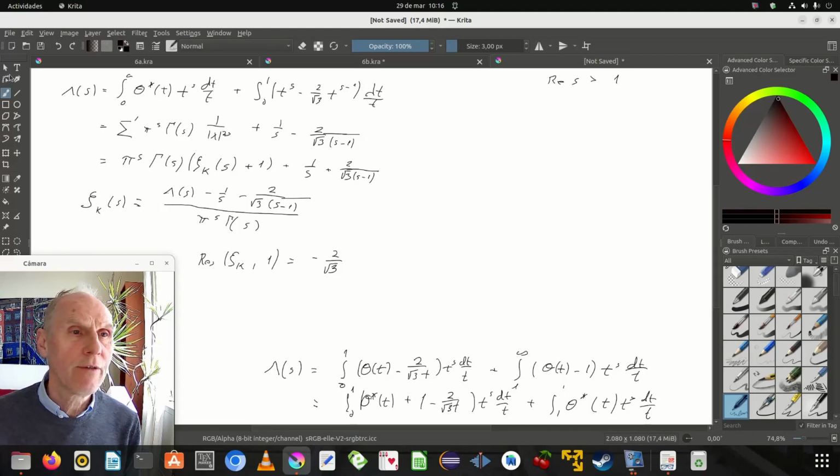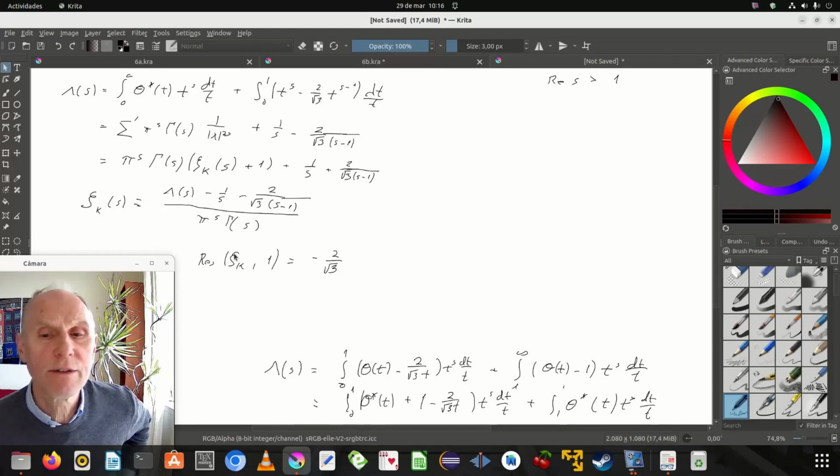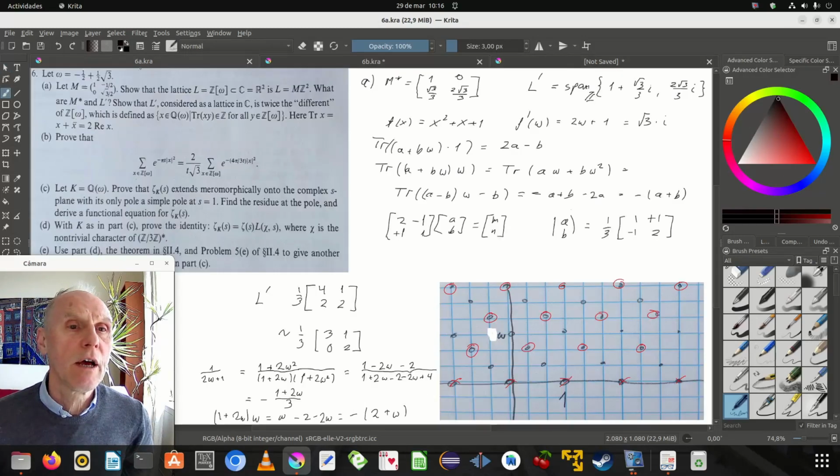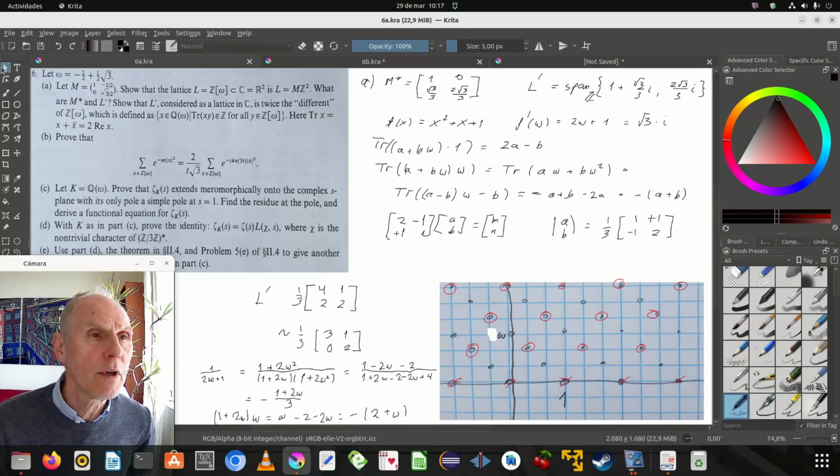And then we have zeros at the even negative numbers, excluding naught, of course, only the even negative numbers. So we have solved B, and we have solved C.